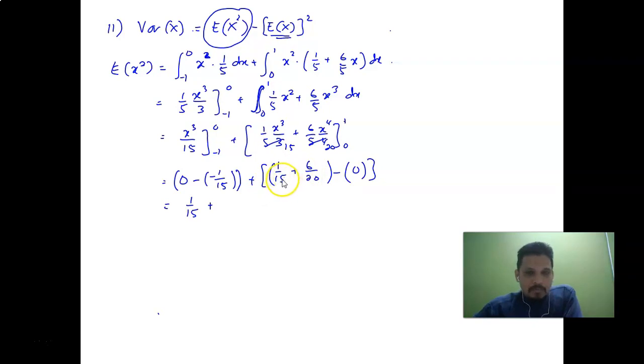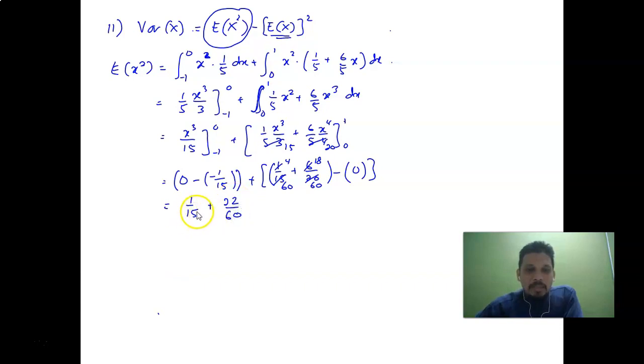let's make this one 60. 15 times 4 equals 60. 1 times 4 equals 4. 20 times 3 equals 60. So 6 times 3 equals 18. Now 4 plus 18 is 22. Sorry. 22 divided by 60.